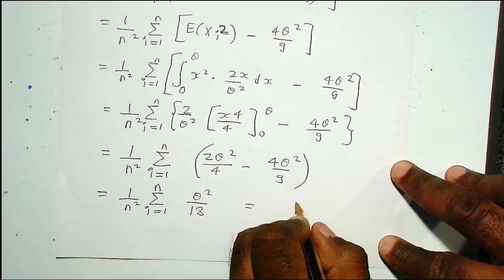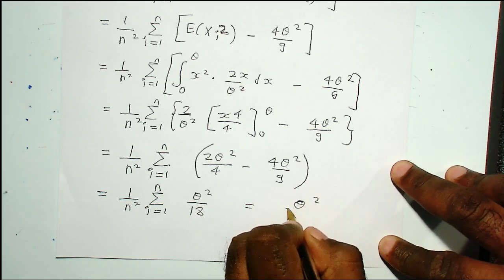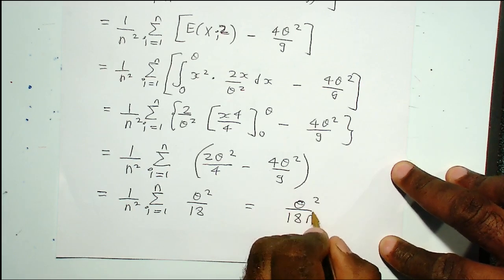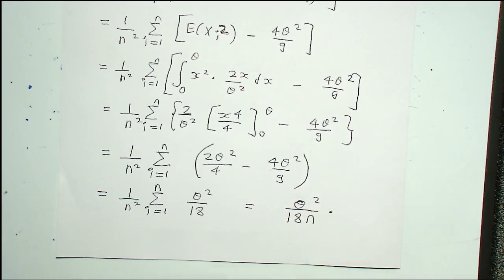So this is theta squared divided by 18, and correct me if I'm wrong, guys. Is that right? Yeah. Okay. So that's the variance of theta hat, and we already know the bias.